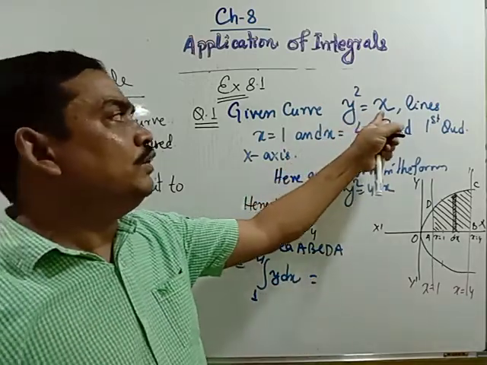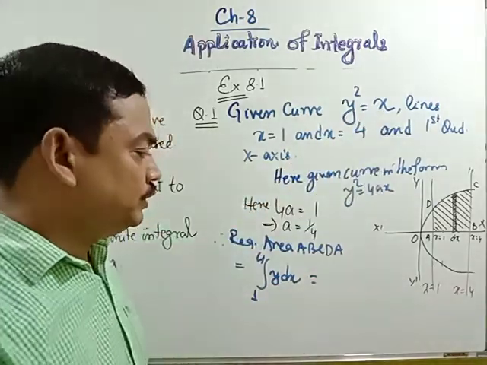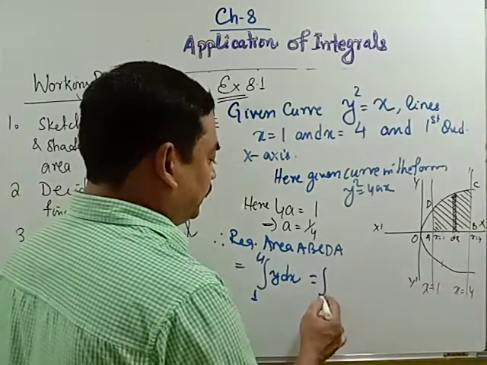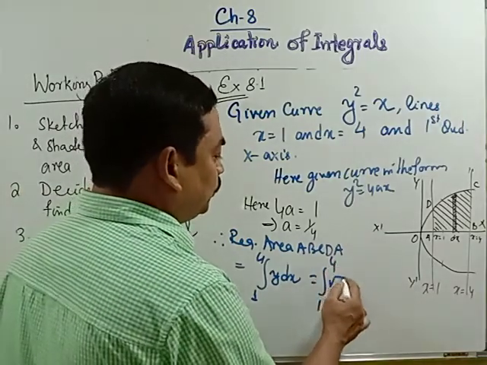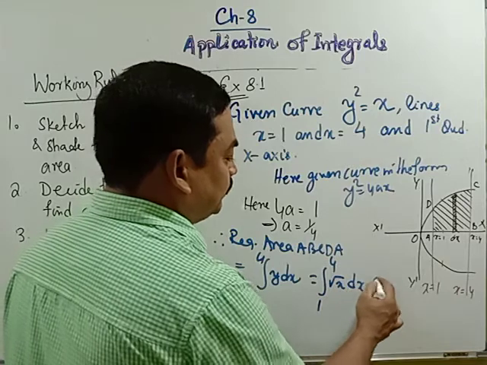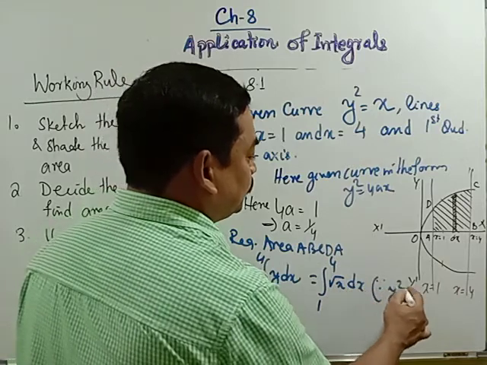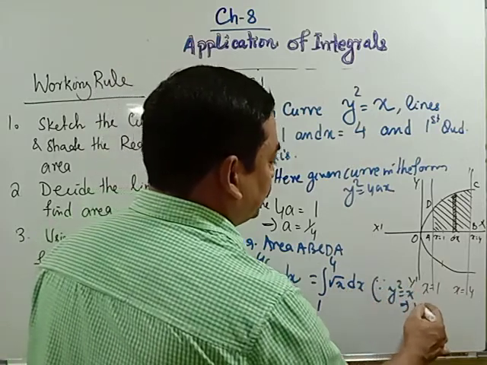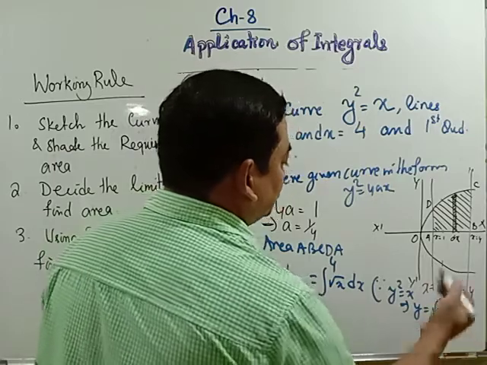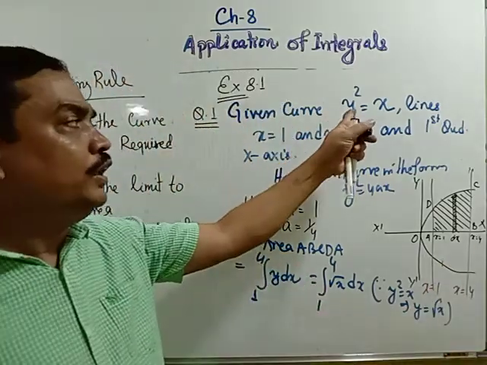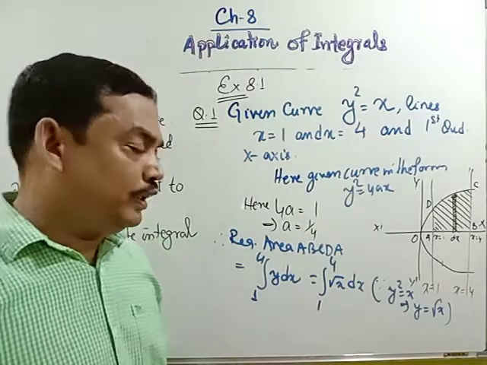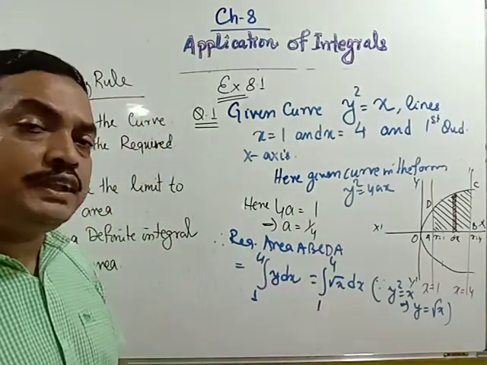Y square is equal to x, so y is equal to how much? So this will be the integration from 1 to 4 of root x dx, since y square is equal to x implies y is equal to root x. This is the given curve, you have to find the value of y.